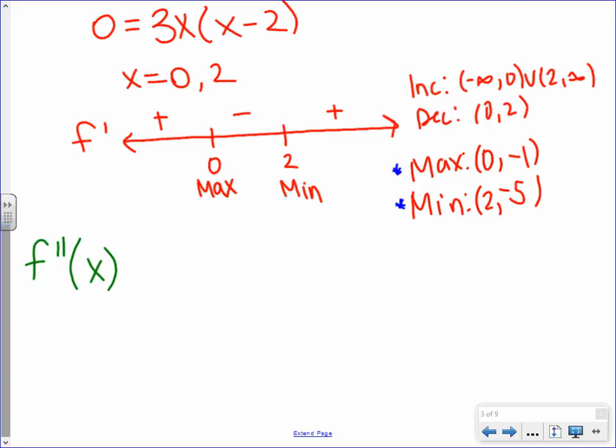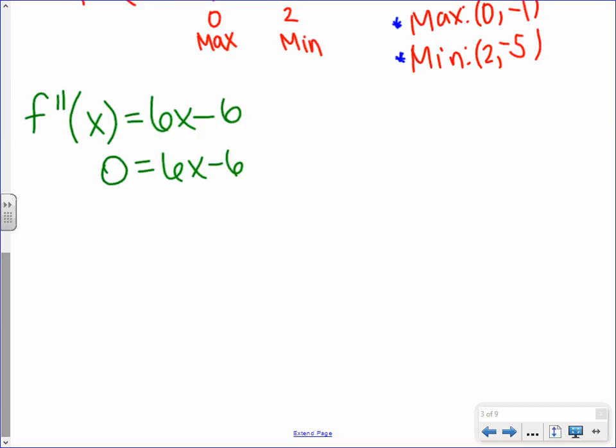Isaac S. What's our second derivative? Great. To find potential points of inflection, we set it equal to 0. So Trevor, what's our potential point of inflection?